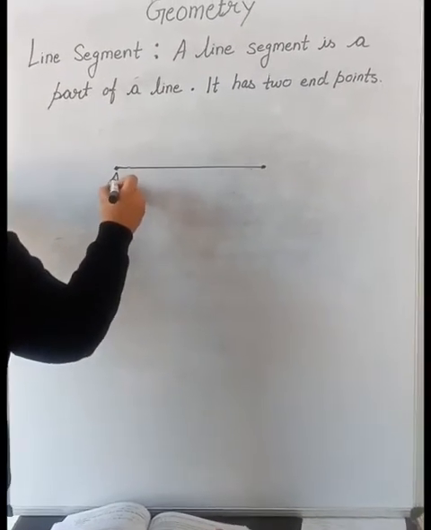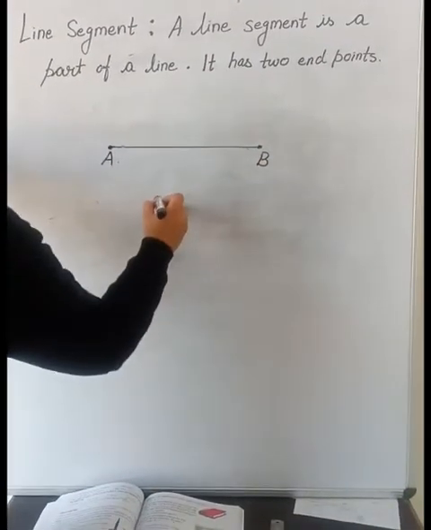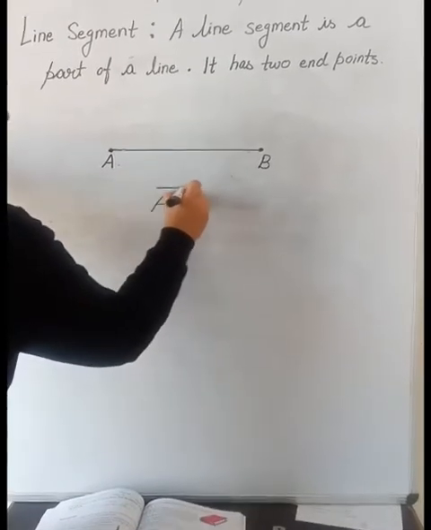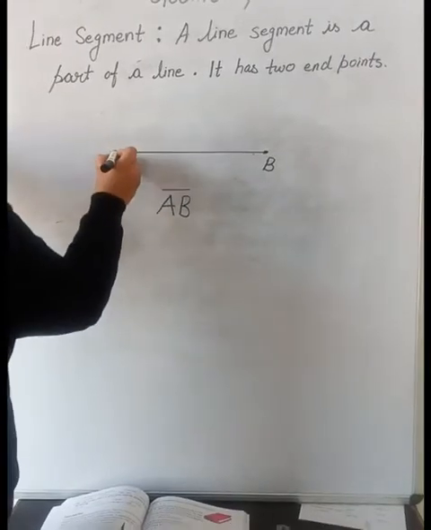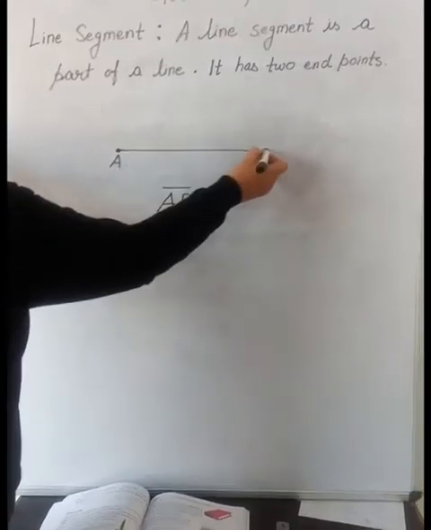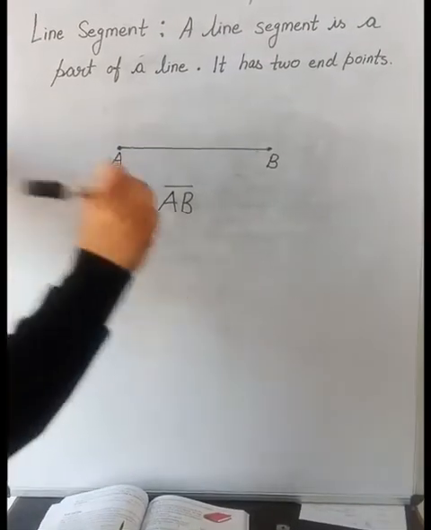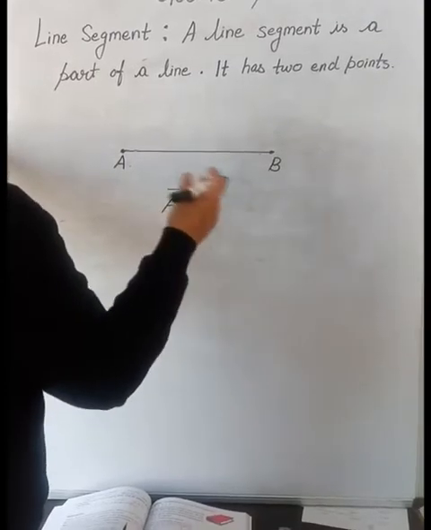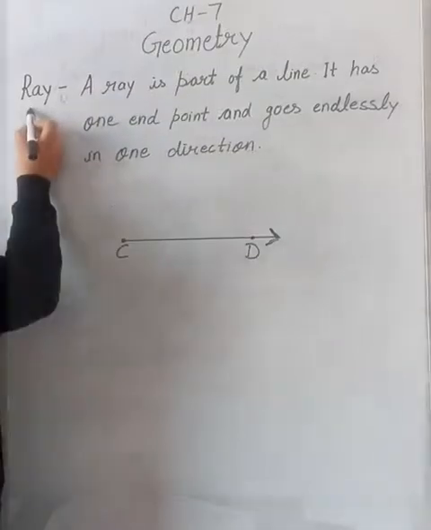So we will represent it as AB, and when we represent line segment AB, we will put a bar on it. It has 2 end points, one on A and one on B. The length between the 2 points is limited. It cannot be increased or decreased. So it is called a line segment.